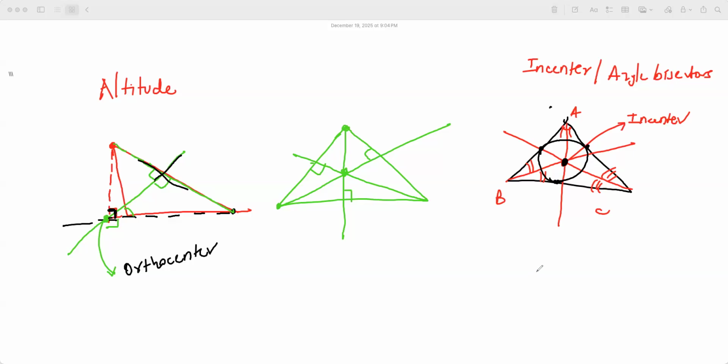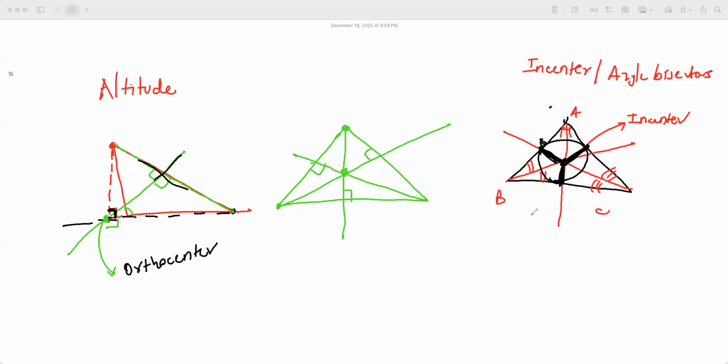With the in-center as the center, you can draw a circle that touches the sides of the triangle at exactly one point. As a result, the perpendicular distances from the in-center to the sides of the triangle are all equal, because that's the radius of the circle.